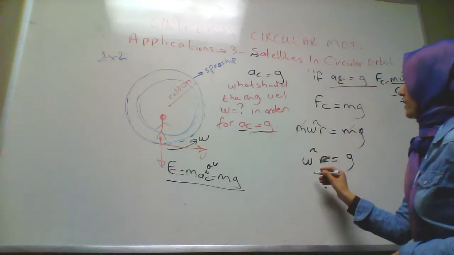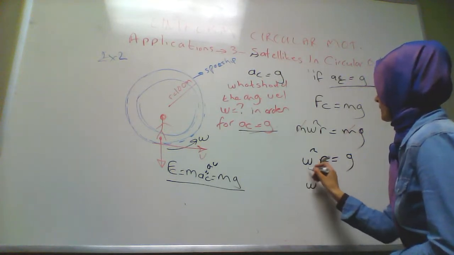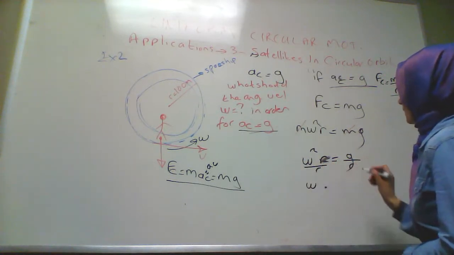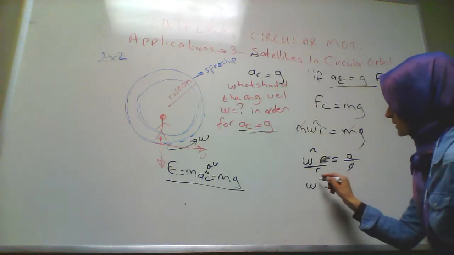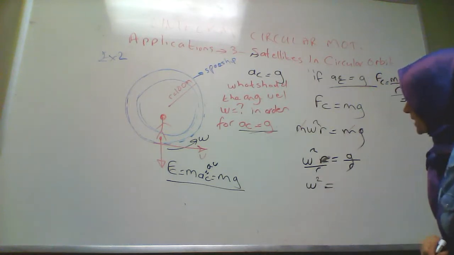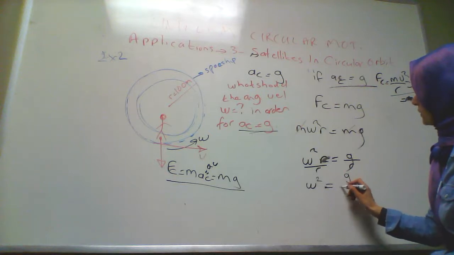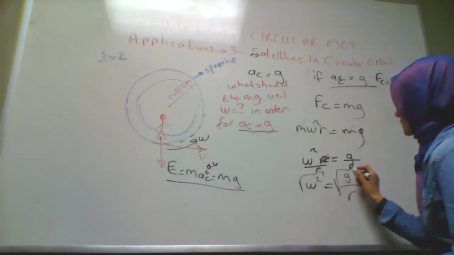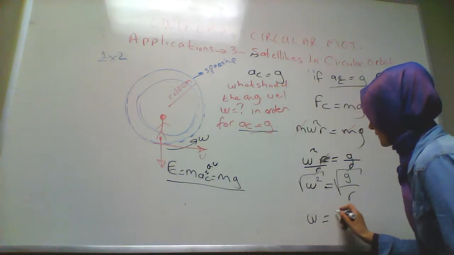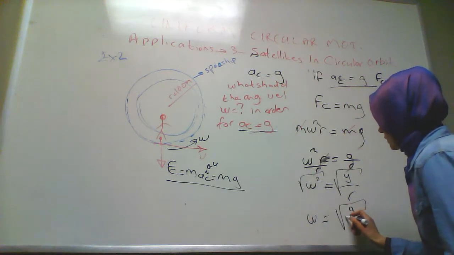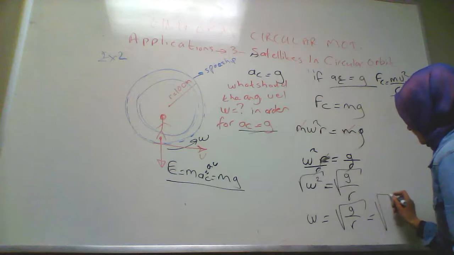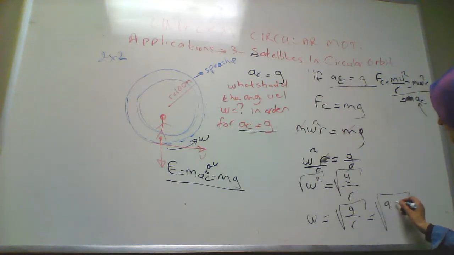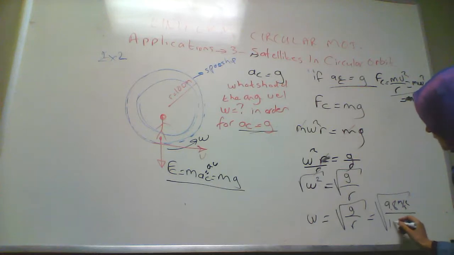Divide each side by r. I'm going slower here because some of you are having problems with these. Omega squared is equal to g over r. Taking the square root of each side, omega is equal to the square root of g over r. g is 9.8 meters per second squared and r is 100 meters.